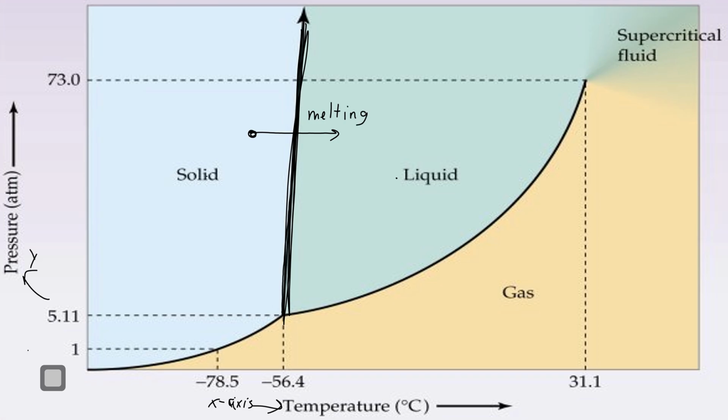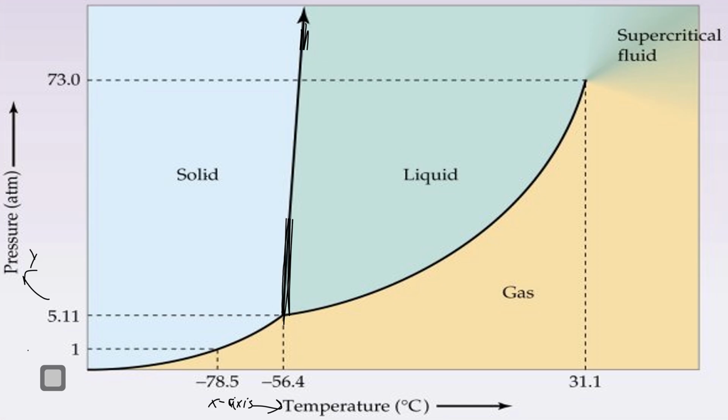Solid to liquid is melting. If I start on the liquid side and I move back across the border into the solid, that means I am freezing. So the border between solid and liquid is obviously your melting-freezing point line.